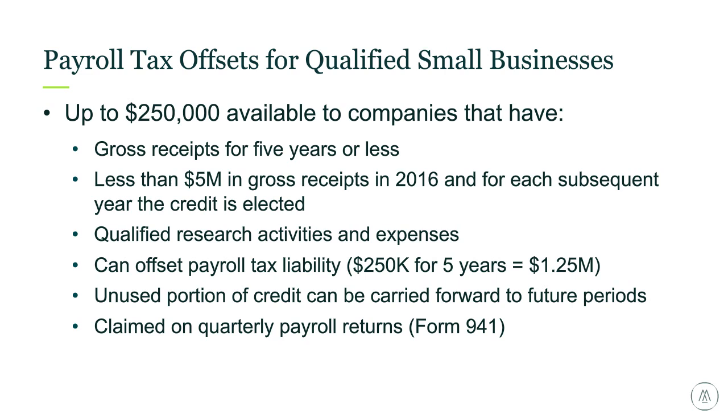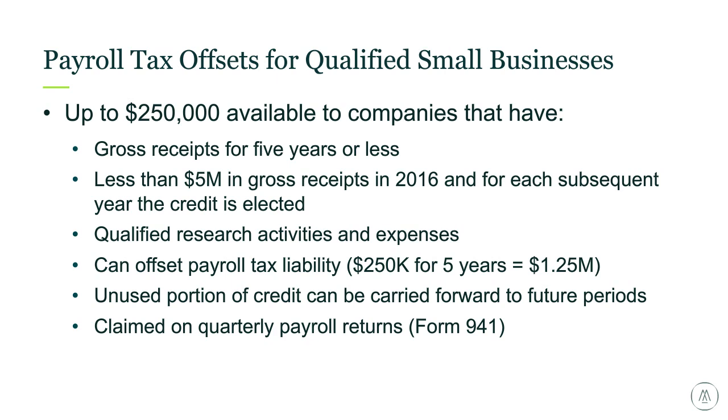In addition to the financial criteria, the qualified small businesses must be performing R&D activities and have payroll expense for wages to claim the benefit. The payroll offset is elected on the federal tax return, but it's actually claimed on Form 941.